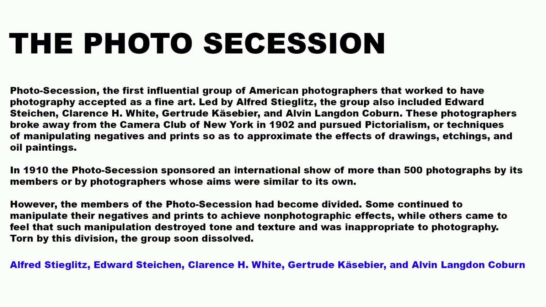These photographers broke away from the Camera Club of New York in 1902 and pursued pictorialism, or techniques of manipulating negatives and prints so as to approximate the effects of drawings, etchings, and oil paintings. In 1910, the Photo-Secession sponsored an international show of more than 500 photographs by its members or by photographers whose aims were similar to its own.